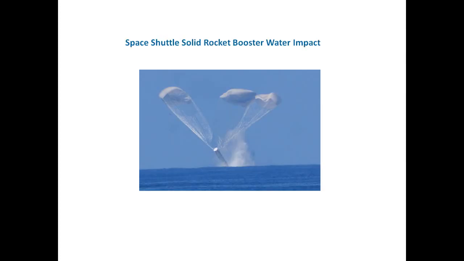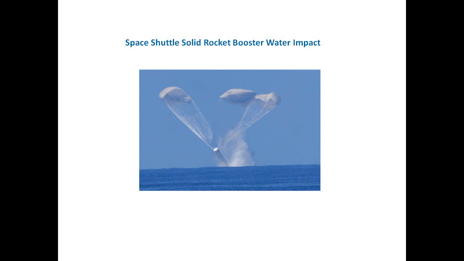Okay, here's something else. This is a space shuttle solid rocket booster, and of course the space shuttle had 2 of these boosters per launch. At a certain point in flight the boosters were separated and jettisoned, and then parachutes deployed so that these boosters could be recovered out in the ocean.